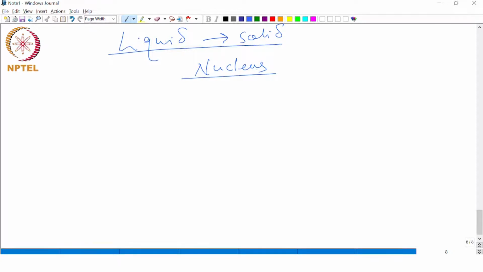And then if these tiny particles attain a size which is stable under those conditions, when it is solidifying from the liquid to the solid, in that particular atmosphere in the liquid, if this small particle is stable, then it will grow. Okay.